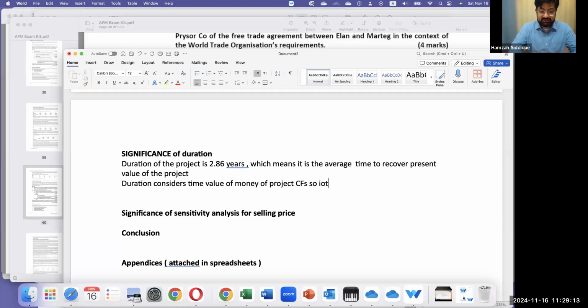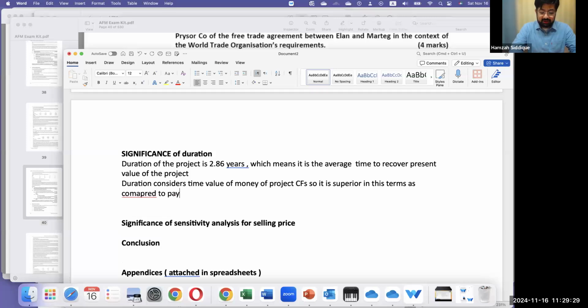So it is superior in this terms as compared to payback period.